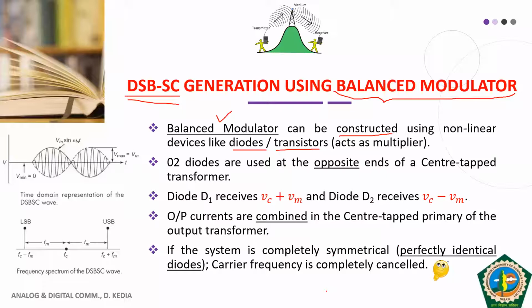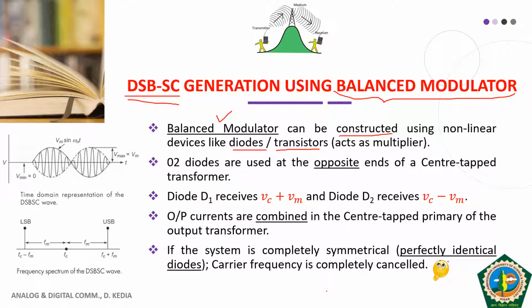If you go to the market and ask for a balanced modulator IC, you will be able to get one. And if you read the data sheet of that IC and apply two signals at the input, at the output you will get the multiplied signal, which will be nothing but your double sideband suppressed carrier AM signal.